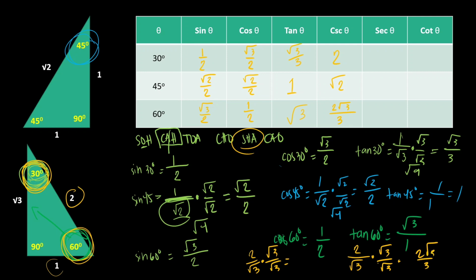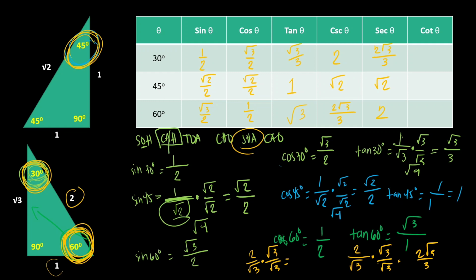For secant 45 degrees, the hypotenuse is square root of 2 and the adjacent is 1, so square root of 2. For secant 60 degrees, hypotenuse 2 over 1, so 2.